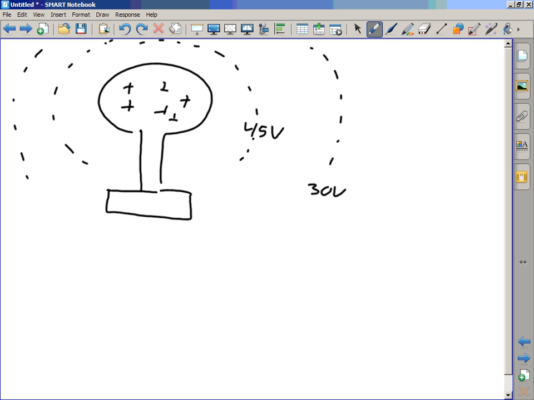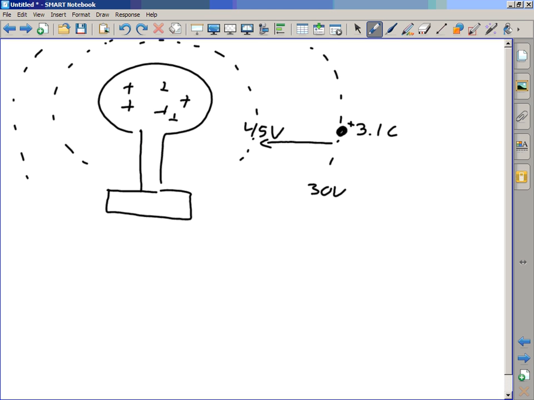If I want to take a charge here, let's make it 3.1 coulombs positive, and I want to move it to the 45 volt part, how much work do I have to do?